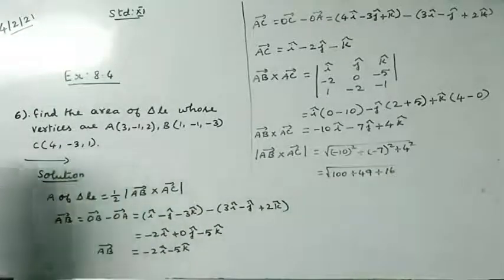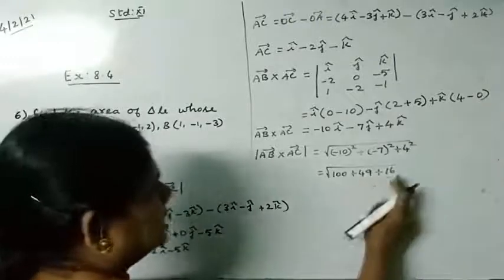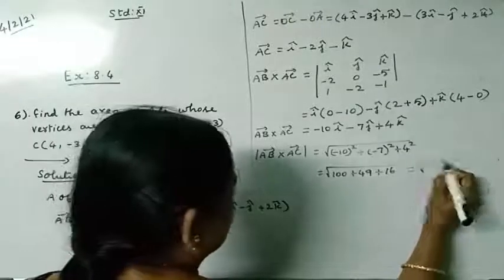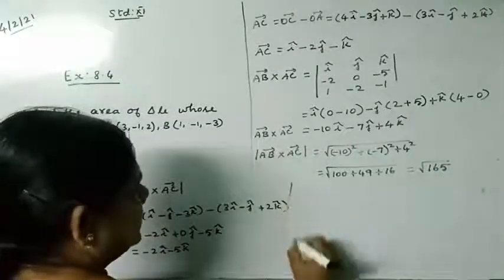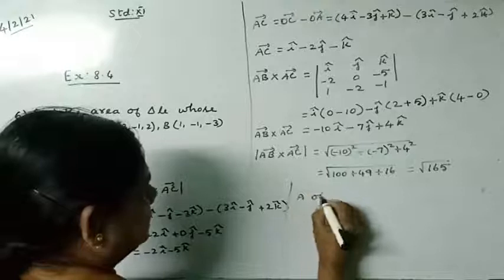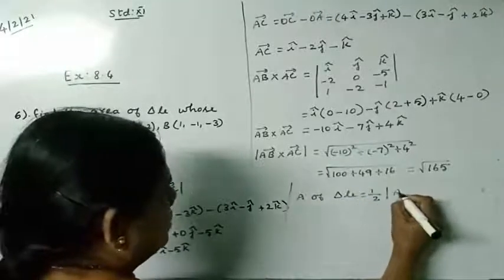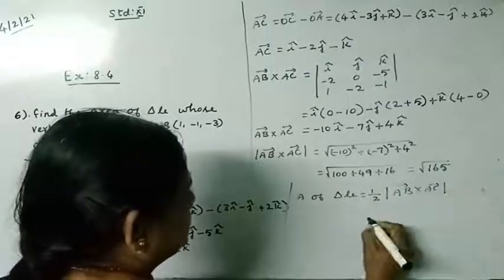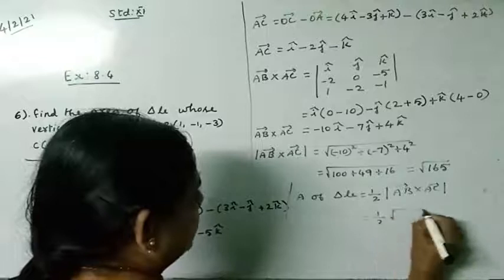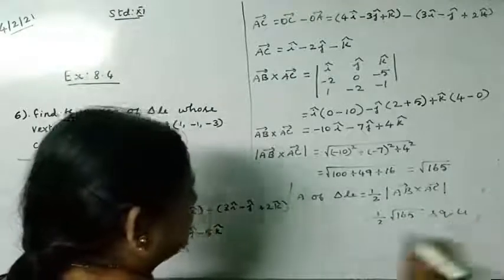So the answer is 149, 159, 165. So square root of 165. So let me write the area of triangle. Area of triangle is equal to, formula is 1 by 2 modulus of AB vector cross AC vector, which is equal to 1 by 2 square root of 165 square units is the answer.